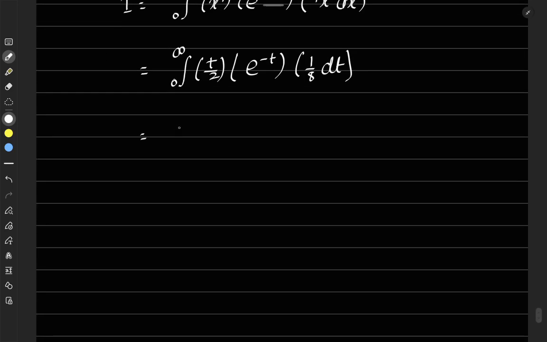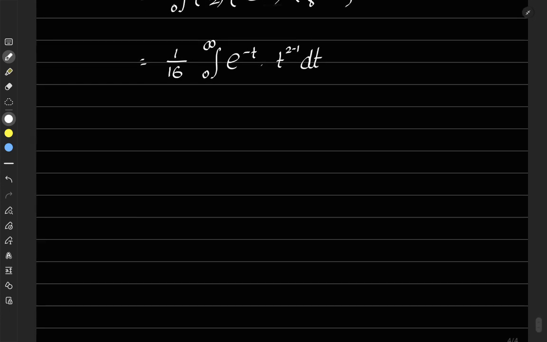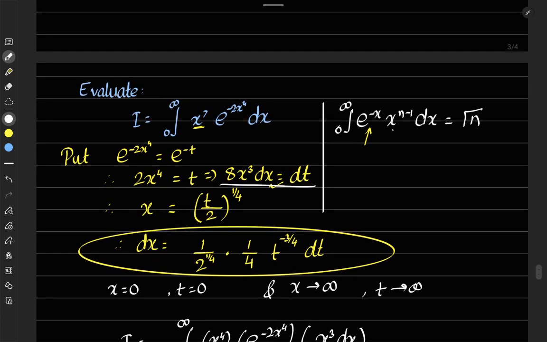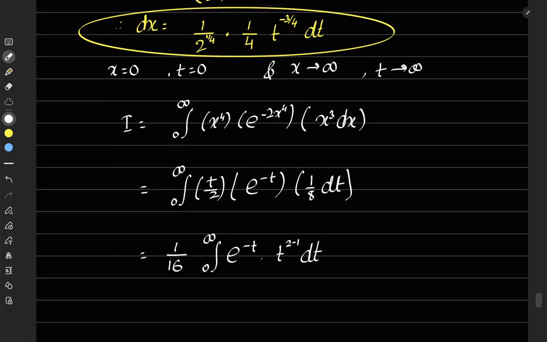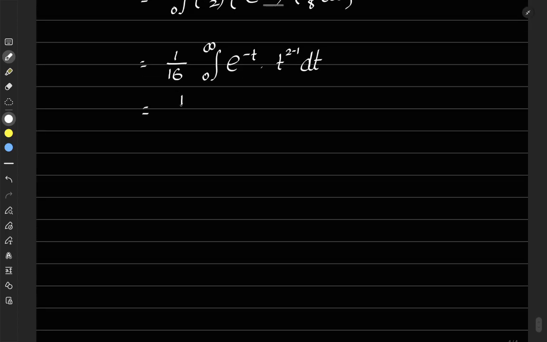So this quantity, we will take the constant outside. So 1 by 16 integral 0 to infinity e to the power minus t into t power 2 minus 1 dt. Why I am writing 2 minus 1 is because I want to compare with this formula. So I can write this as 1 upon 16 into gamma 2, but gamma 2 will be 1.